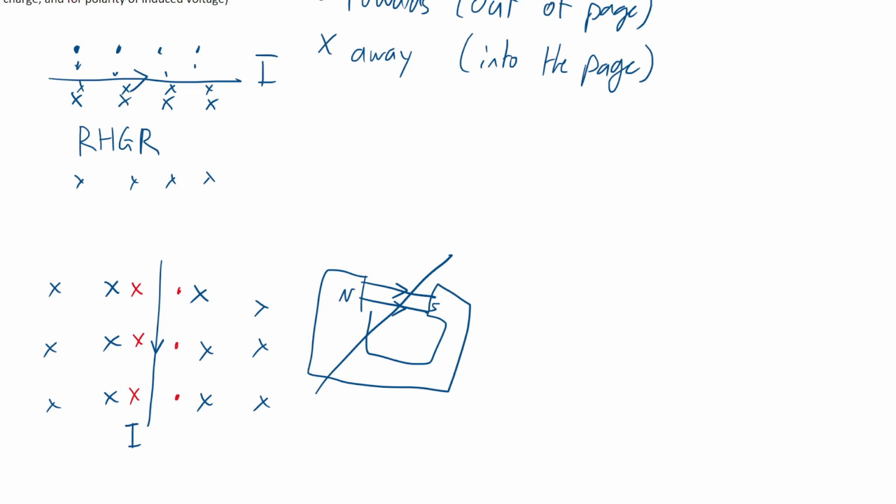Now notice on the left side, the fields are going in the same direction, so they would add together. This bigger X is just showing how the field strength would increase at that position. Whereas on the right, they're in the opposite direction, so they would get weaker.